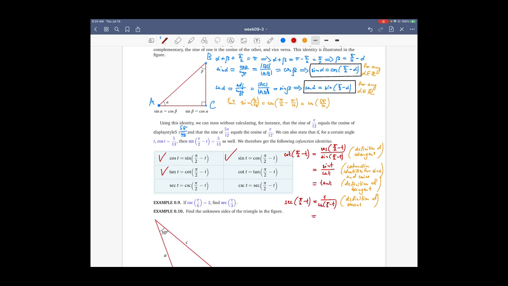Now we apply the co-function identity for cosine. Cosine of pi over 2 minus t is simply sine t. And of course, 1 over sine t is simply cosecant t. That is the definition of cosecant.